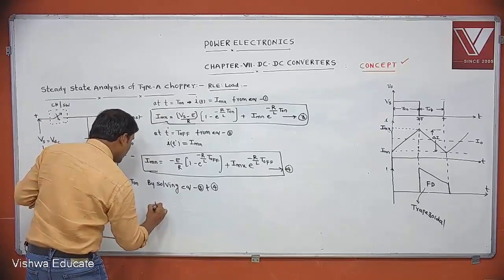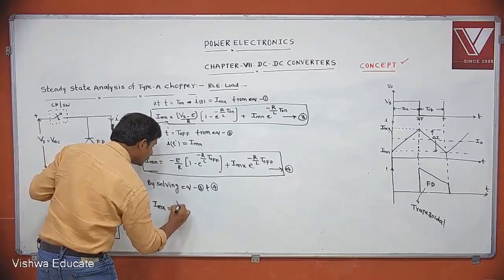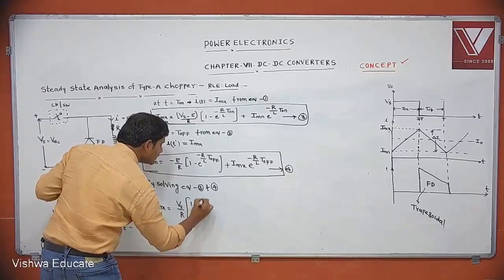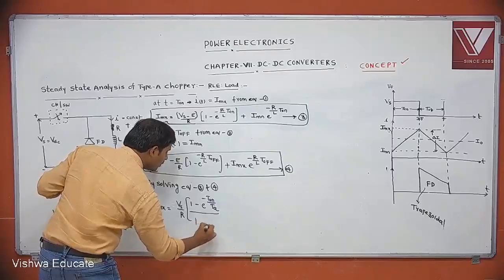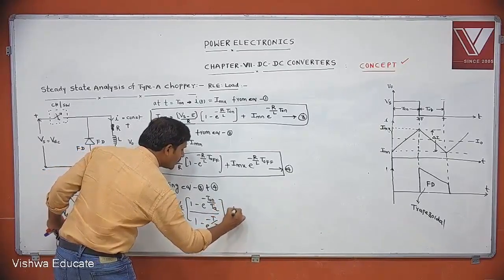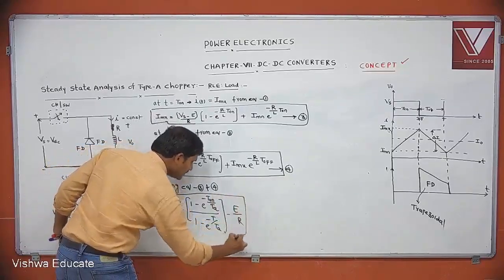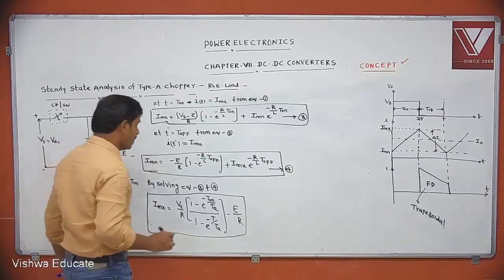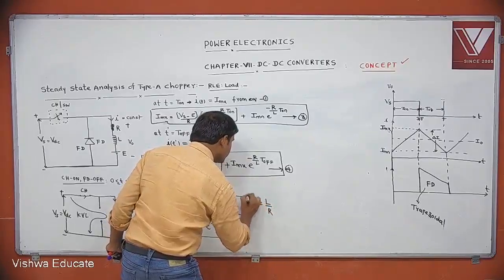Then I max equal to Vs by R into (1 minus e power minus T on by Ta) by (1 minus e power minus T by Ta) minus E by R. This is the expression for I max with respect to RL. What is Ta here? Ta is taken as L by R.